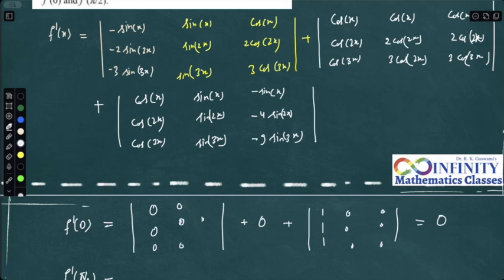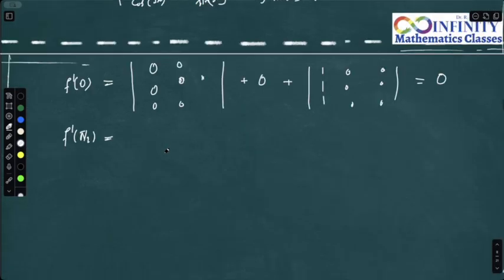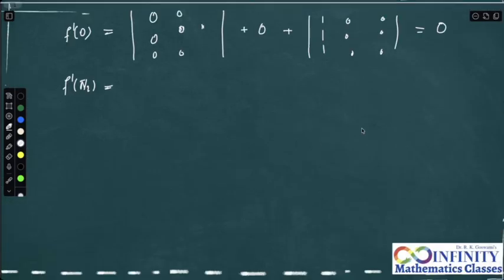Cos pi, let me just write the values for you. Cos 0 is 1, which is equal to cos 2 pi. Cos pi is minus 1.